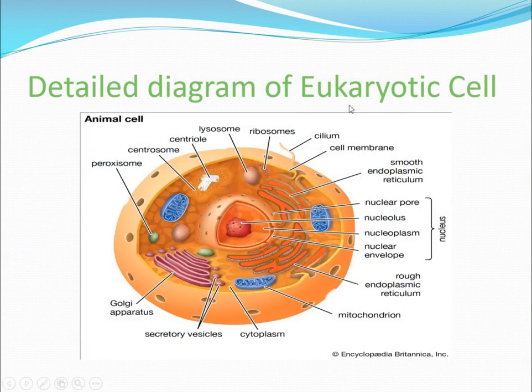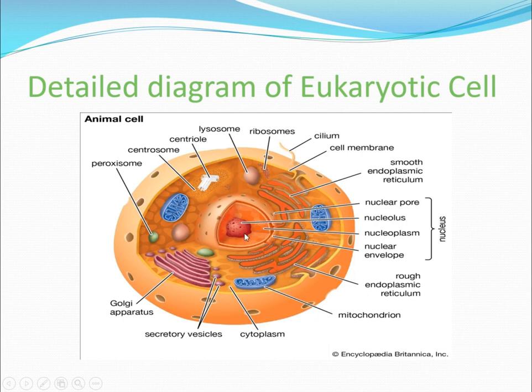So this is a detailed diagram of the eukaryotic cell. Here you can see the nucleolus. It is bounded by a surface which has pores over it, and this is the nuclear pore.